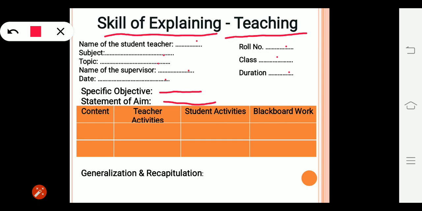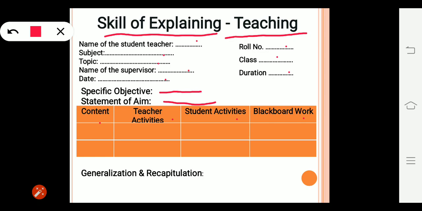After that, here comes the presentation. There are 4 parts under presentation: content, teacher activities, student activities, blackboard work. The first thing to do in this part is to write the topic under content part as well as in blackboard work.